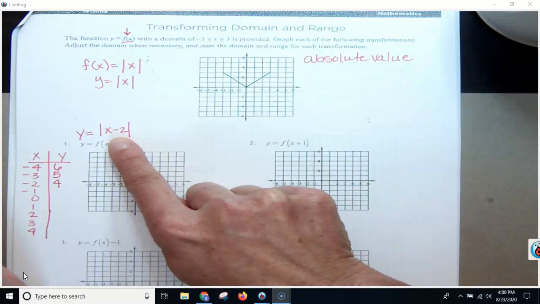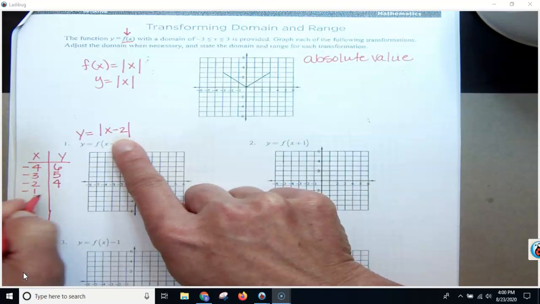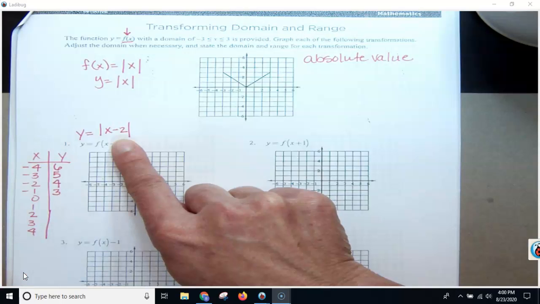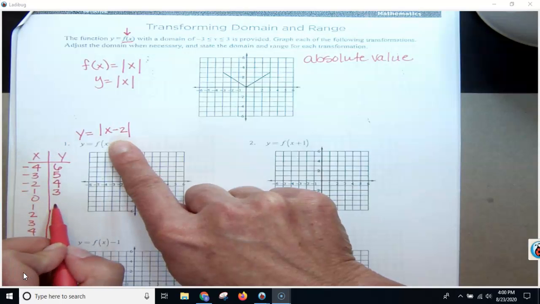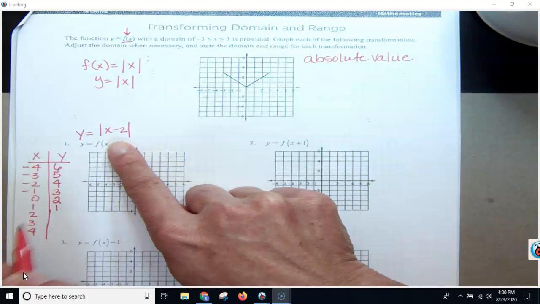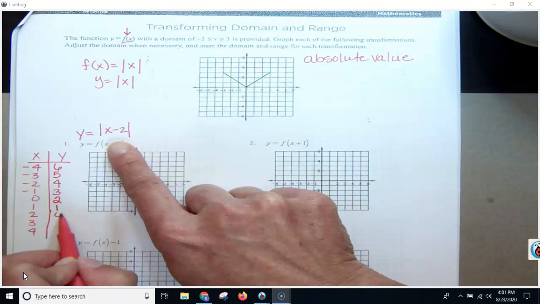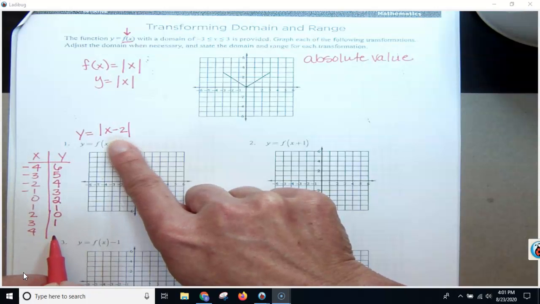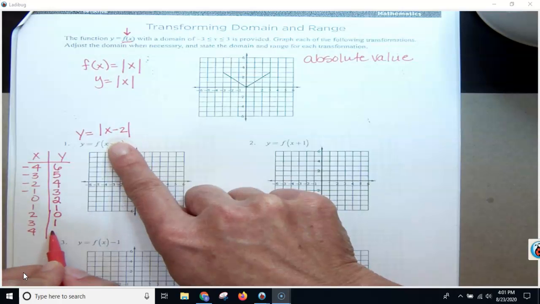Absolute value is +4. -1 minus 2 is -3. Absolute value is +3. 0 minus 2, absolute value of -2 is +2. 1 minus 2 is -1, absolute value is +1. 2 minus 2 is 0. 3 minus 2 is 1. Absolute value of 1 is 1. And 4 minus 2 is 2.